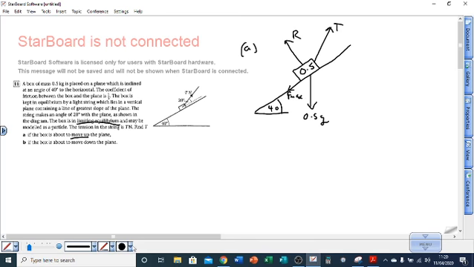So first things first, I'm going to resolve the forces into components. Putting on the information that we've got given, that's 20 degrees just there. So I know that the force T has a component of cos 20, and the other component is T sin 20.